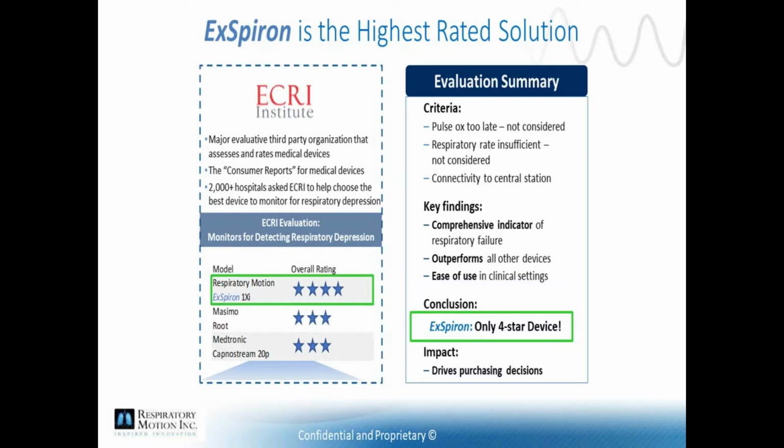They also did not look at any device that did not report information to a central station. This was an attempt to preclude alarms that went unheard. So only 3 devices even met criteria for being evaluated: the ExSpiron and 2 capnography systems. The ExSpiron Minute Ventilation Monitoring System was the only product to be awarded 4 stars. The others only received 3.